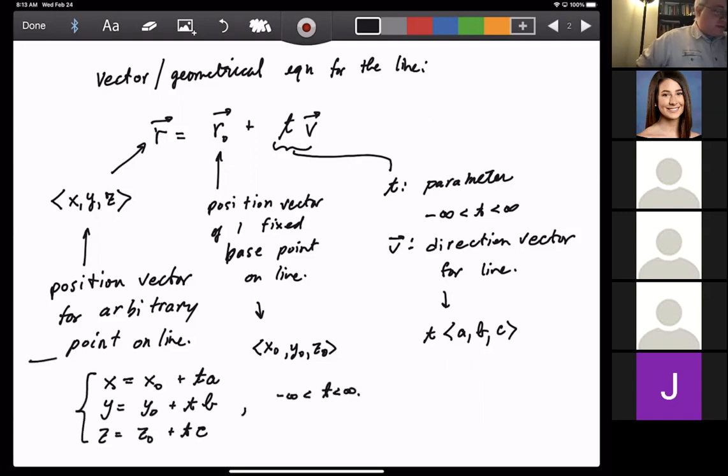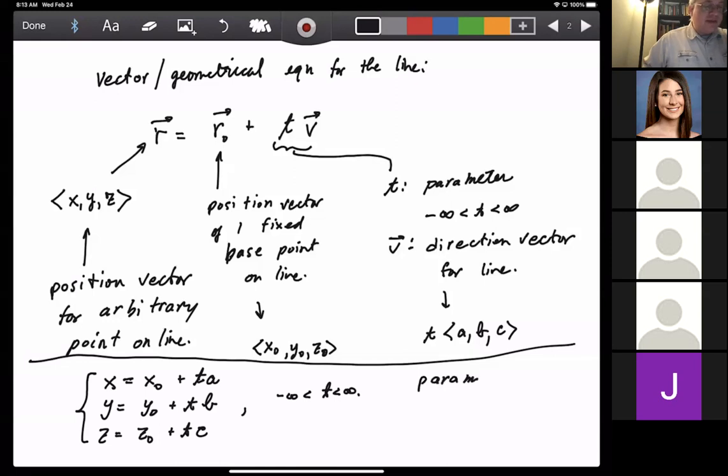Okay, what we just produced here by breaking the vector or the geometrical equation of the line into its components, this is called the parametric equations for the line. The set of equations is the parametric equation for the line.